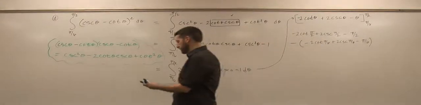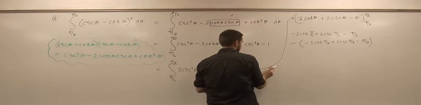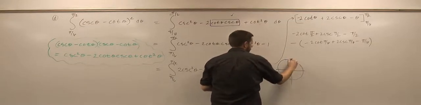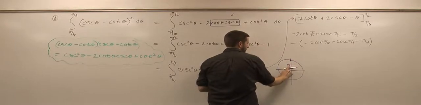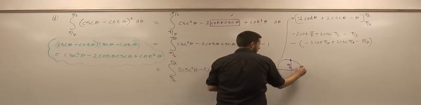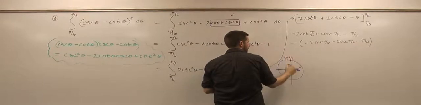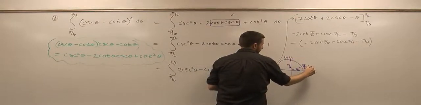You have to evaluate this stuff. Here's my main circle. Pi over 2 and pi over 6 are what I care about. So pi over 2, I know my point is 0, 1. And this guy here is root 3 over 2, 1/2.